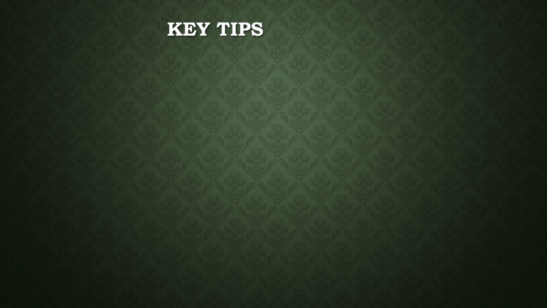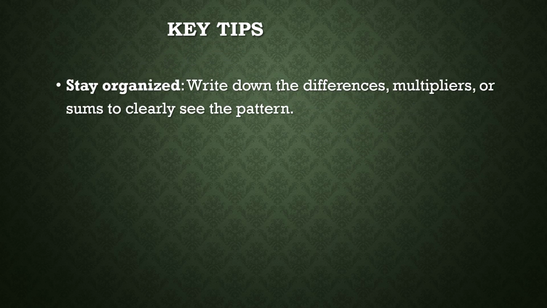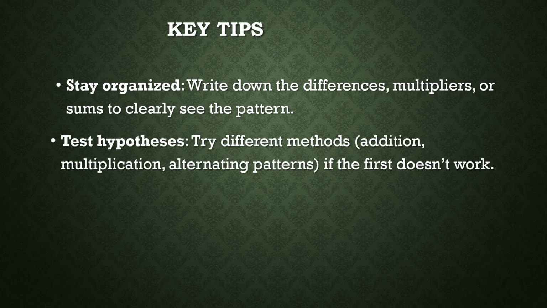So what are the key tips to solve number sequence problems? While doing number sequence problems, we have to be organized. We need to write down the differences in terms of pattern. Is there a constant multiplier or division, or do we see a clear pattern in the differences of consecutive numbers?